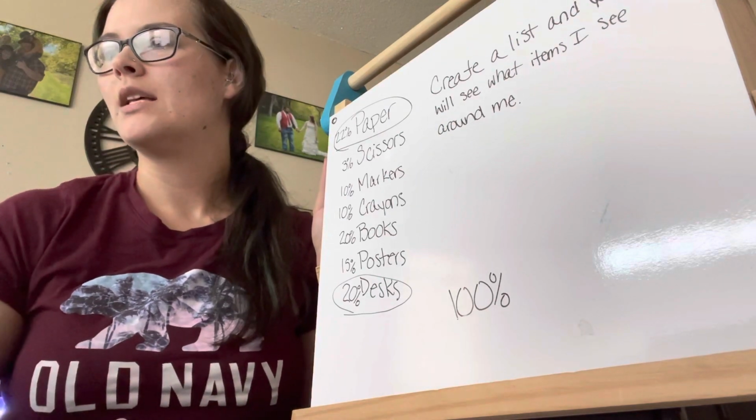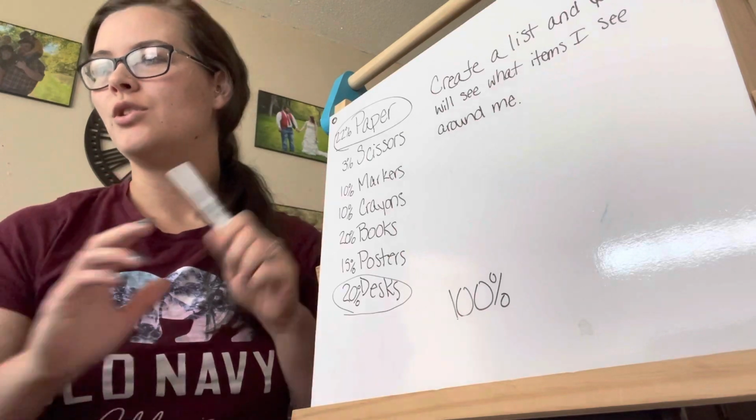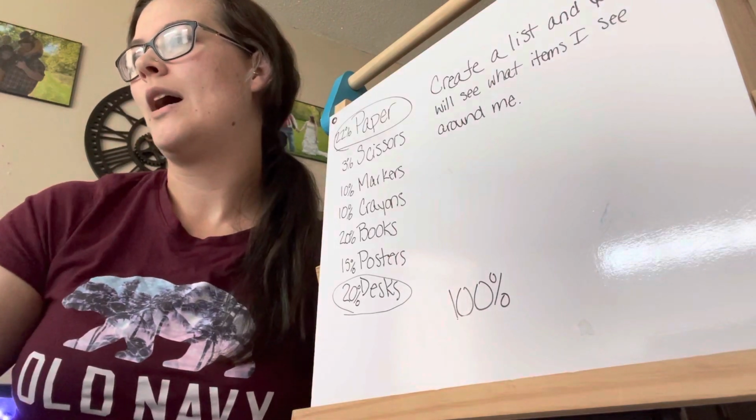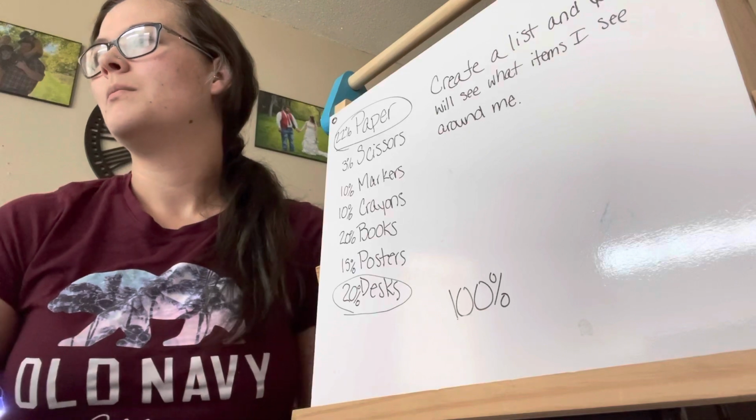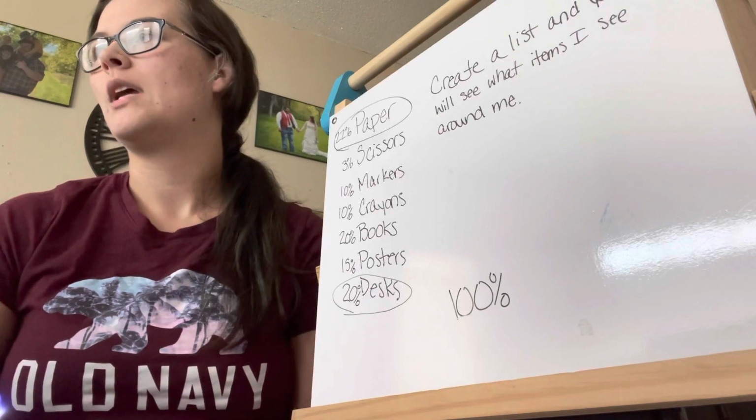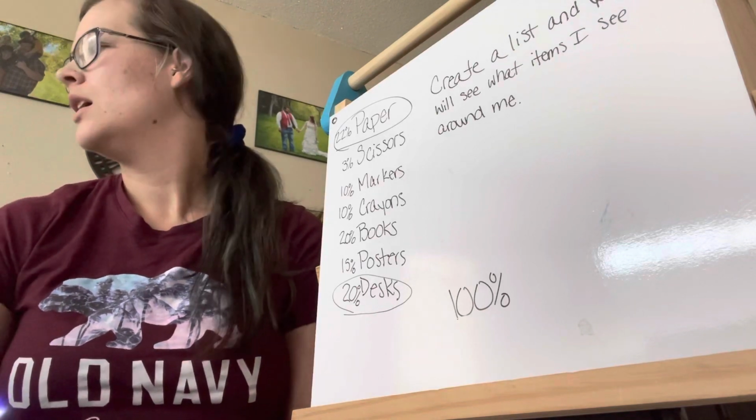And we'll be making a list of animals that you see around you. You can choose animals that are outside. Wild animals, you can choose animals that you have inside.